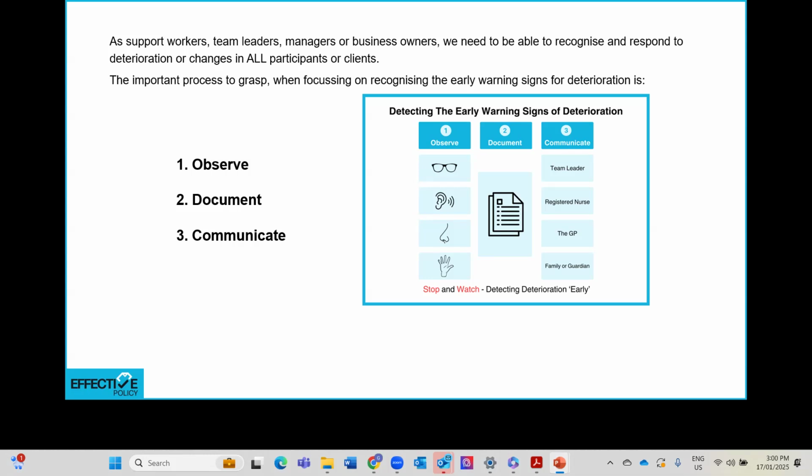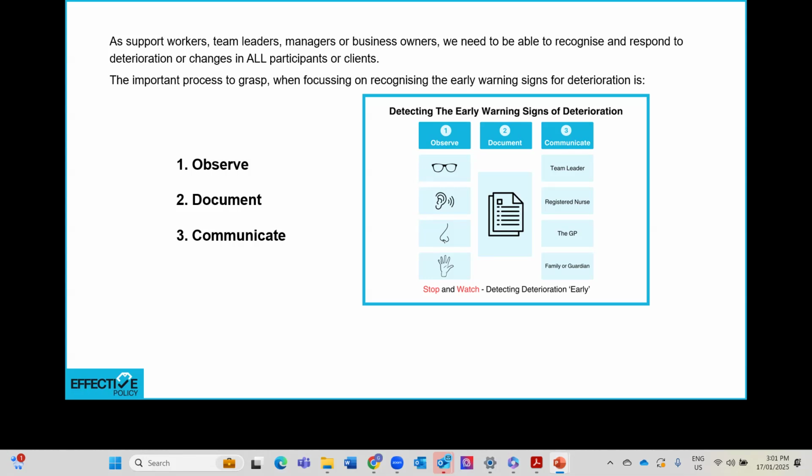When we observe something and it's out of the ordinary, there are some times where someone could be palliative and they are going to have some of these things, but we can be watching and listening and have our senses all working about whether it's unreasonable for that situation.